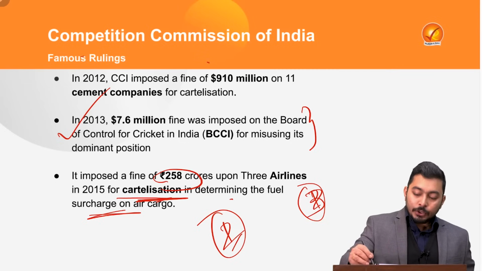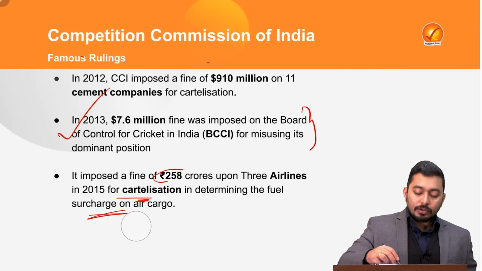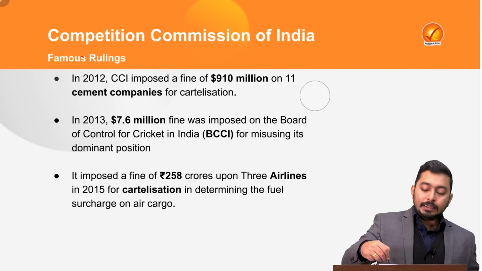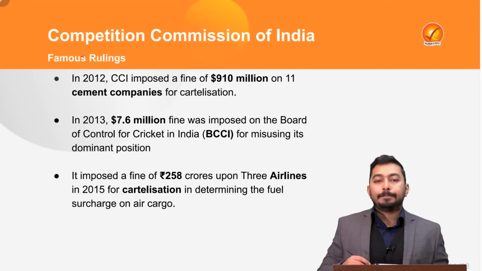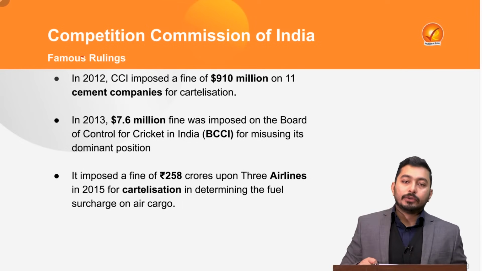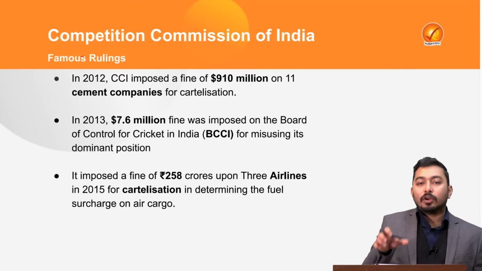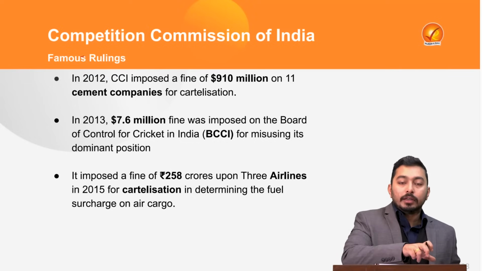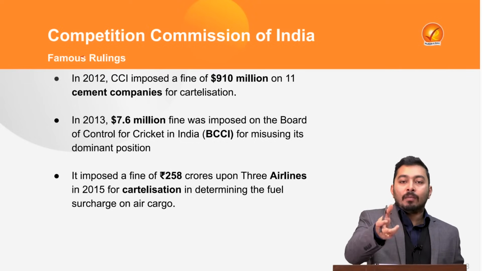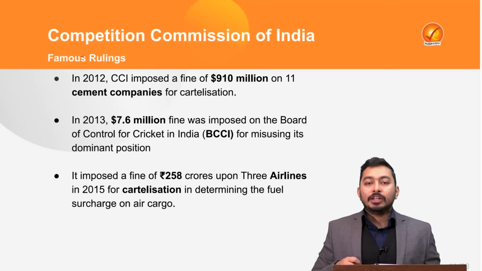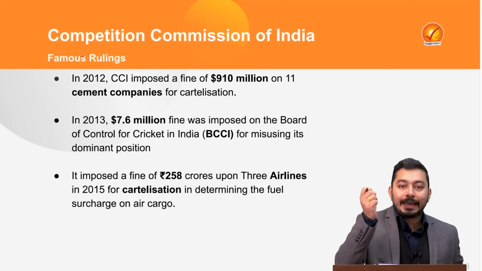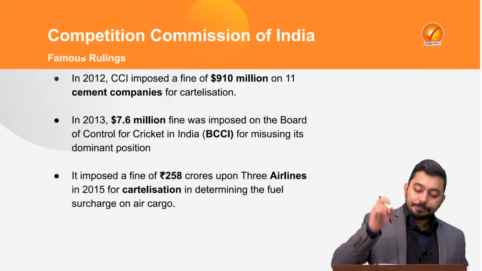Now let's assume that Swiggy and Zomato own the entire food delivery market. If they start cartelizing, who will be affected most? It is the people. So the main idea of the Competition Act is to promote healthy competition amongst the players, and to also ensure that public interest is kept at large.